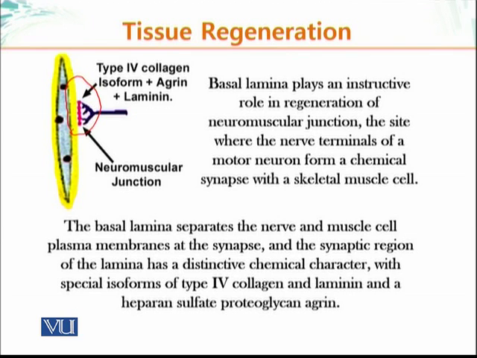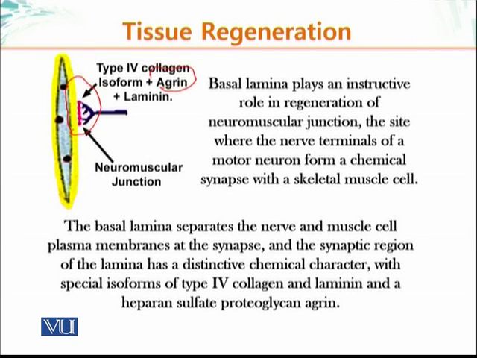The basal lamina separates the nerve and muscle cell, and the plasma membranes at the synapse, and the synaptic region of the lamina has a distinctive chemical nature. For example, at the synaptic site, there is a special isoform of collagen and also a special isoform of laminin, and another proteoglycan molecule called agrin.